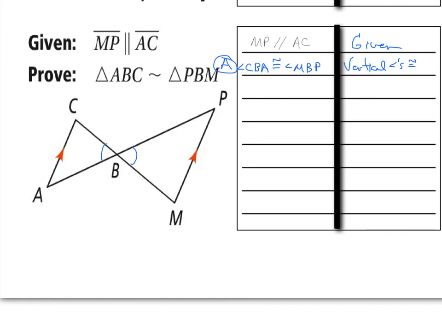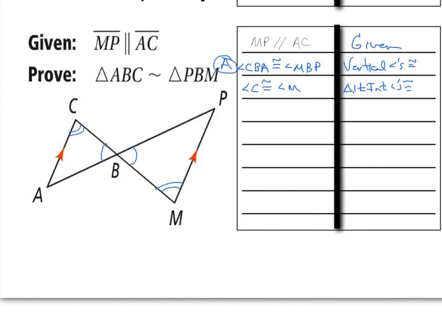So I could say one of two things here. I could say angle C is congruent to angle M, or I could say angle P is congruent to angle A. Either one, it doesn't really matter. I'm going to use C and M. Angle C is congruent to angle M, and they're congruent because alternate interior angles are congruent.